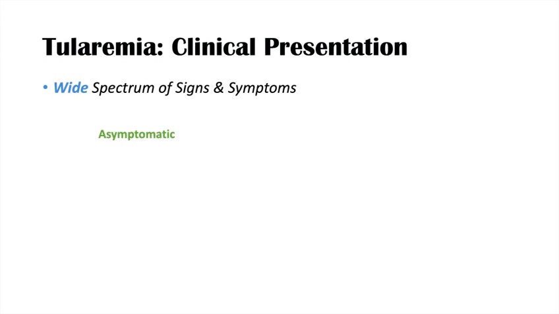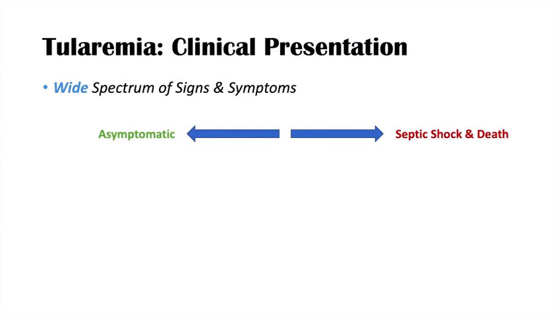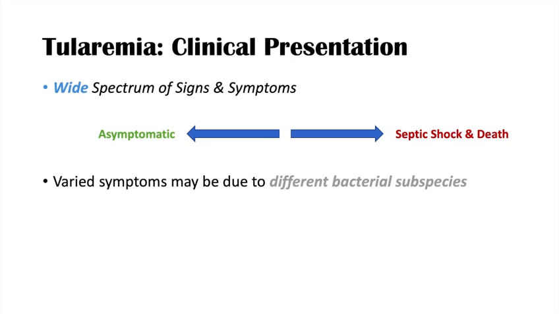What is the clinical presentation of tularemia? Tularemia actually has a very wide spectrum of signs and symptoms. It can be anywhere from asymptomatic to septic shock and death. This often has to do with the particular bacterial subspecies that causes the infection.